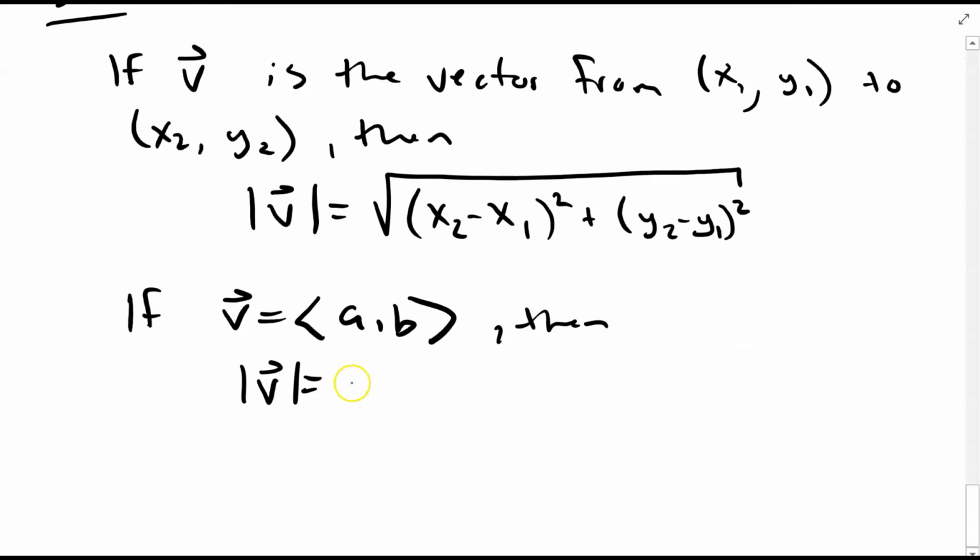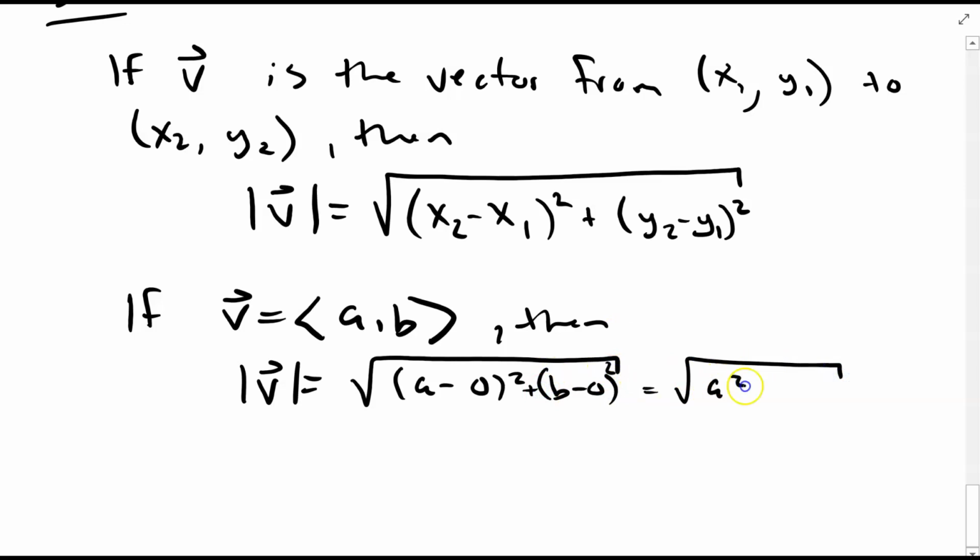So if I use the formula from above, it just simplifies down to the square root of a squared plus b squared. Since the initial point is the origin, the x1 and y1 basically vanish, right? From the formula above.